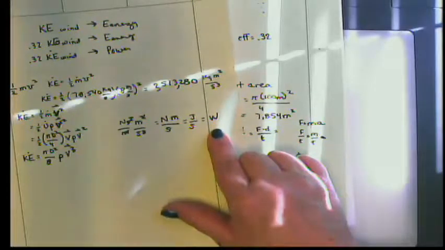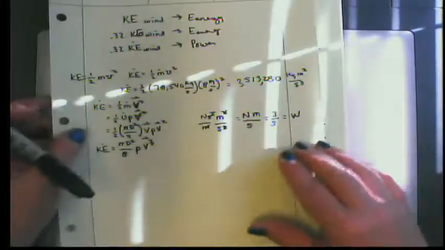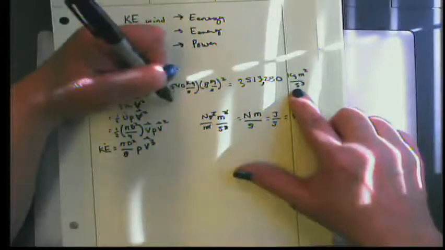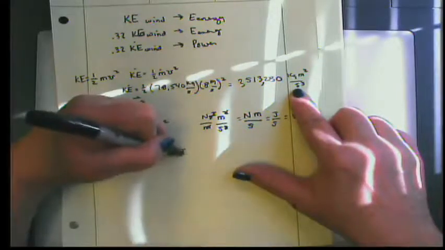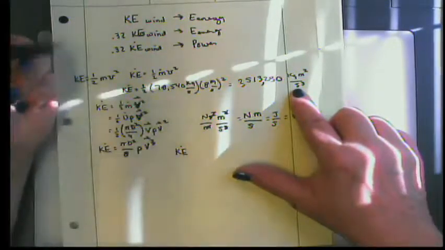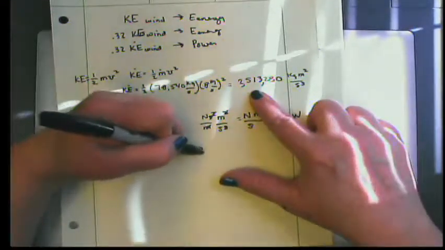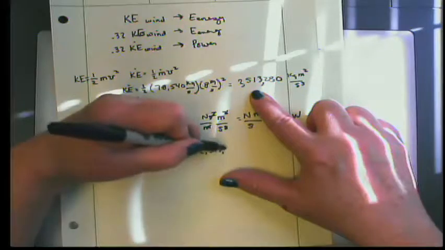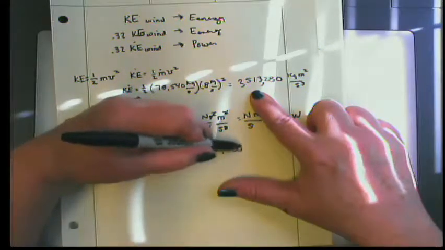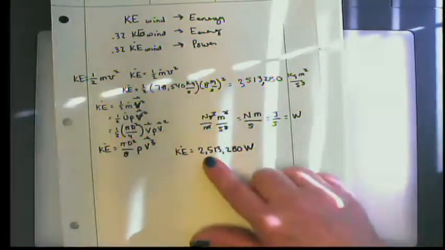So isn't that sweet? We're back down to it. All right, so that means that the rate of kinetic energy of this wind turbine is 2,513,280 watts, or 2.5 megawatts.